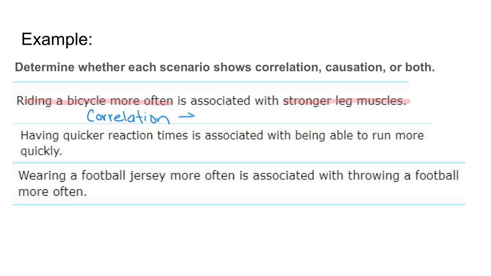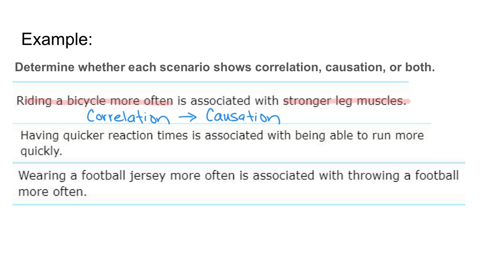Does riding the bike cause the stronger leg muscles? It does, because riding a bike is exercise, and it will strengthen your leg muscles when you do it. So this is correlation with causation. Okay, so this is correlation and causation, or you can call it both.